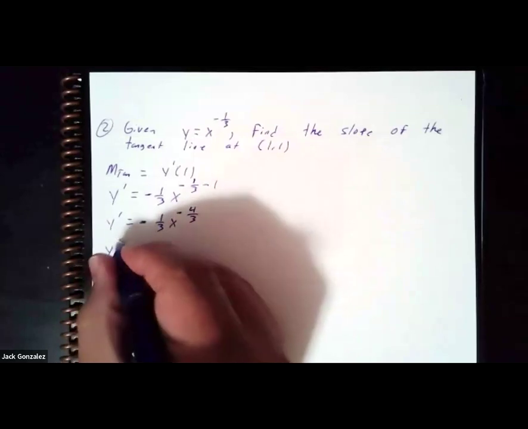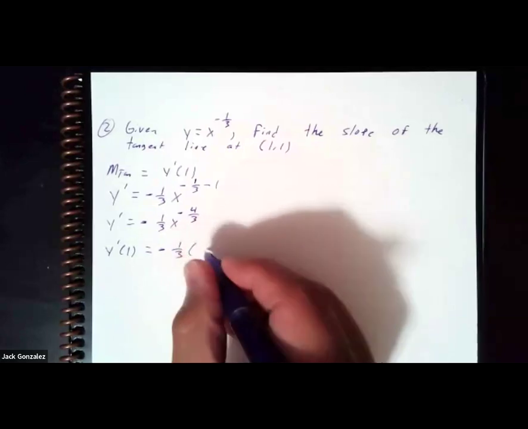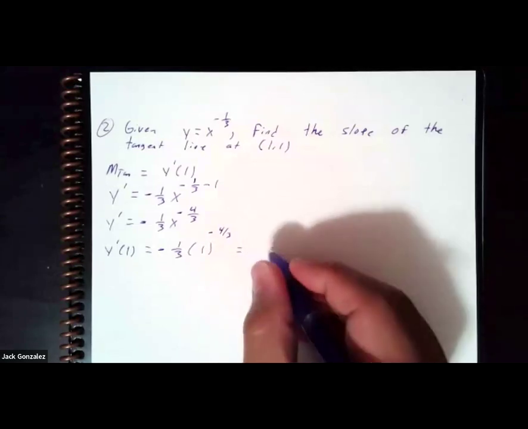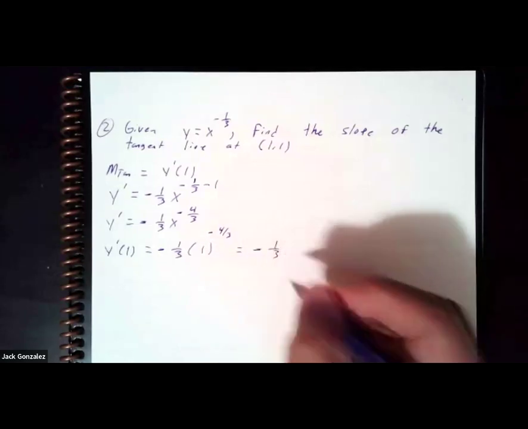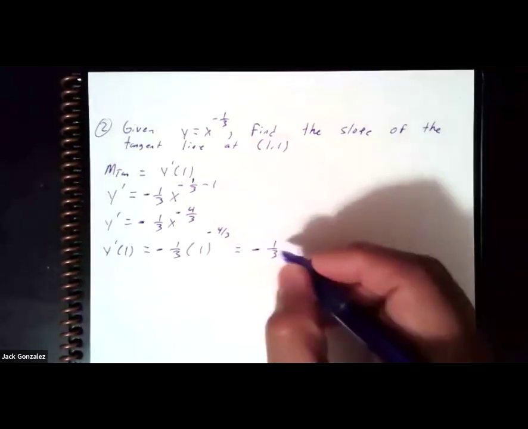So the derivative at 1 would be this negative 1/3, right? Anyway, that's m tangent. That's your slope of the tangent.